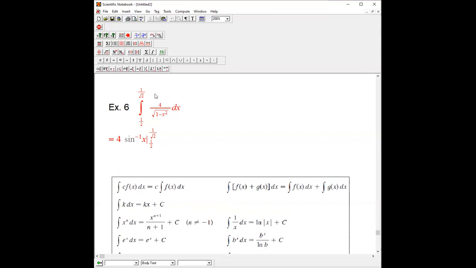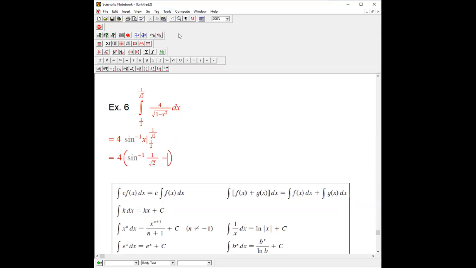If you even want to skip this step, you just write it down as arc sine of 1/√2, subtracting arc sine of 1/2.